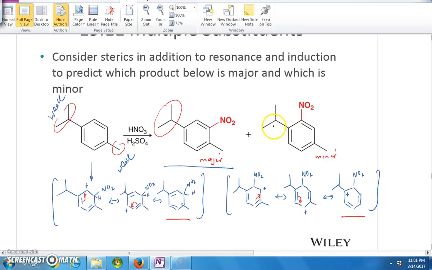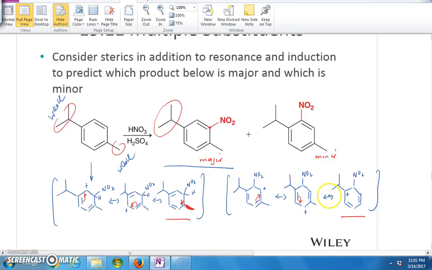If the nitro group adds to the ortho position here, you can see that the positive charge resides on the carbon that is connected to the methyl group. It makes it pretty stable.